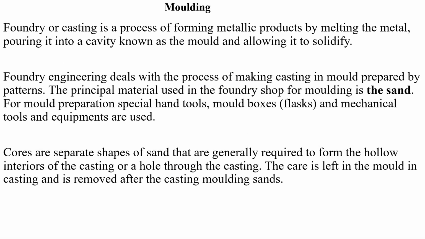We have foundry. Foundry is the process of forming a metallic product by melting the metal and pouring it into the cavity. What we have poured needs to be solidified to form a solid piece.